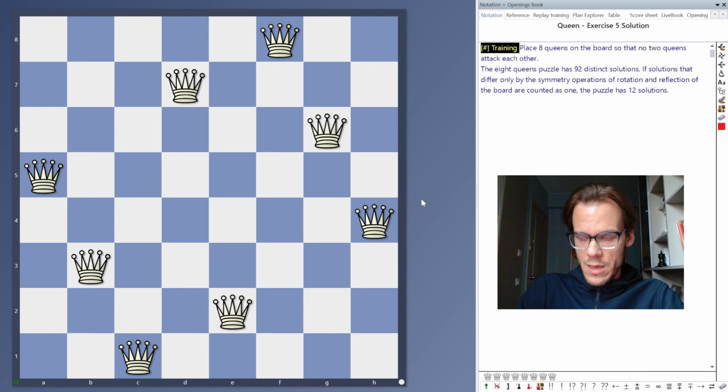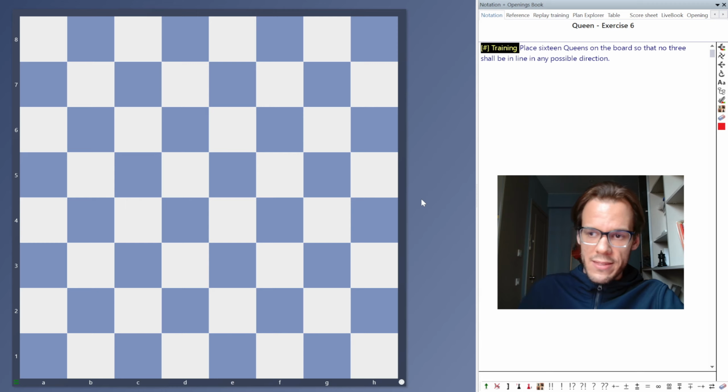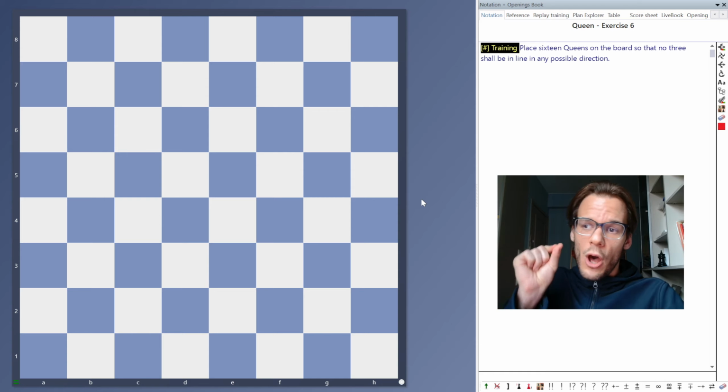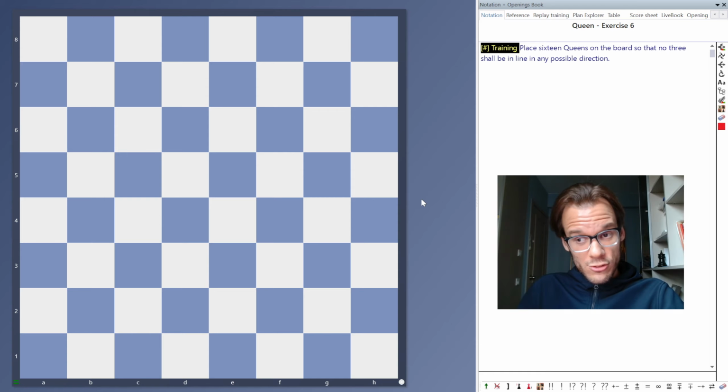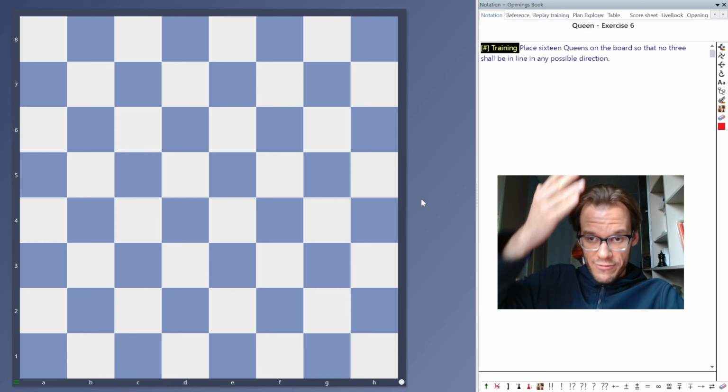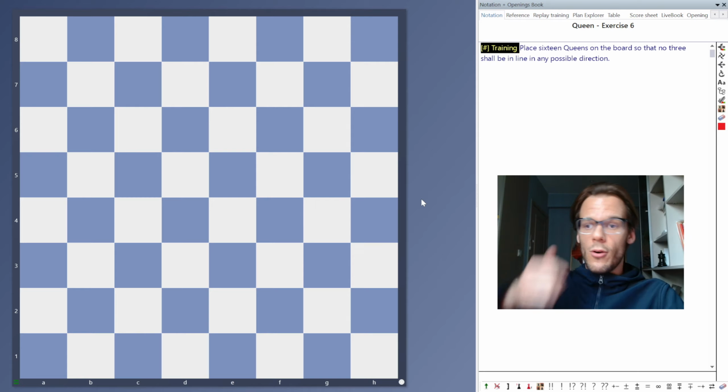Okay, and finally, proper madness, another Sam Loyd puzzle. Now we're placing 16 queens on the board, but no 3 are allowed to be in line in any possible direction. So we cannot place 3 queens on the same file, rank, or diagonal. Good luck.